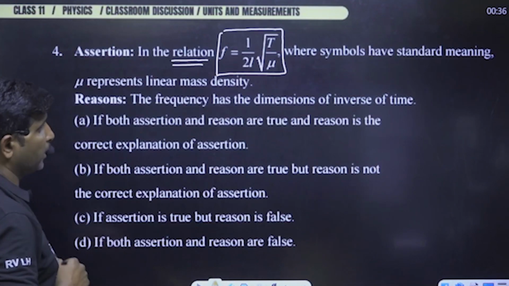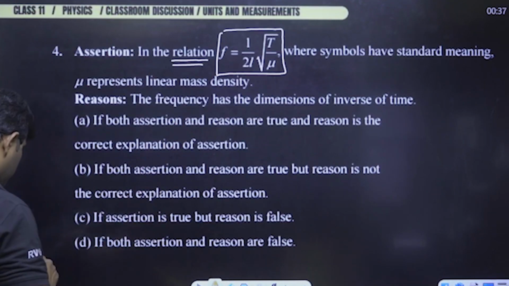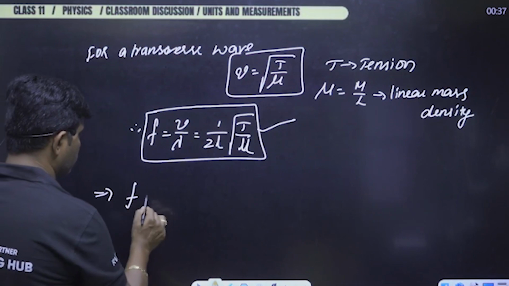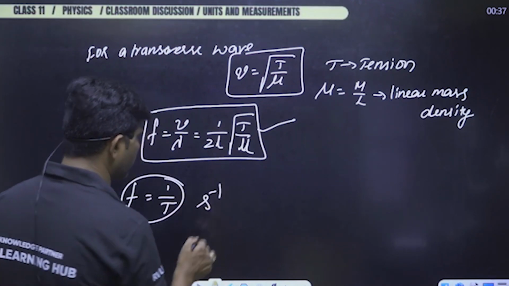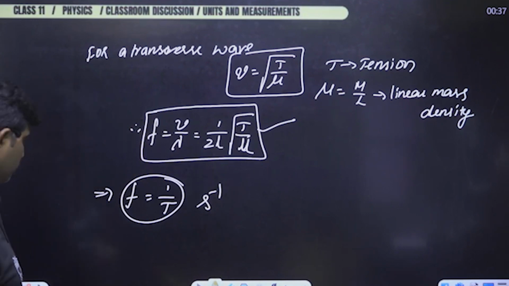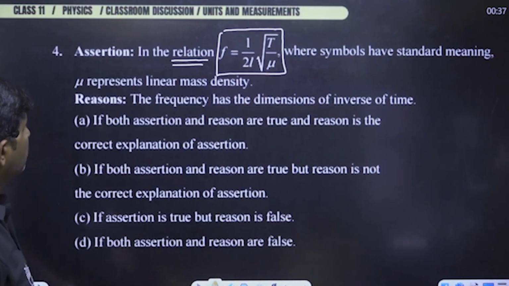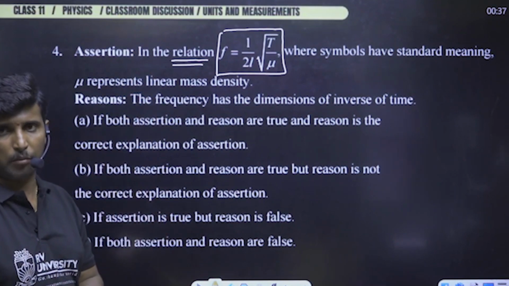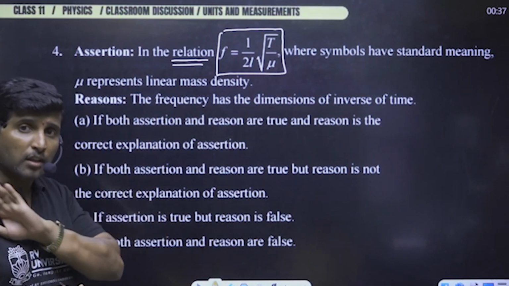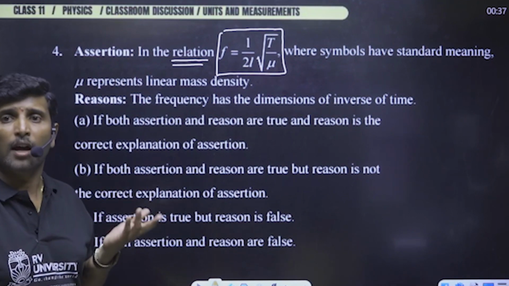Later we can say the frequency is always measured as a reciprocal of the time period. Hence the unit is per second. Therefore we can say that assertion and reason both are correct, but reason is not the correct explanation for the assertion.